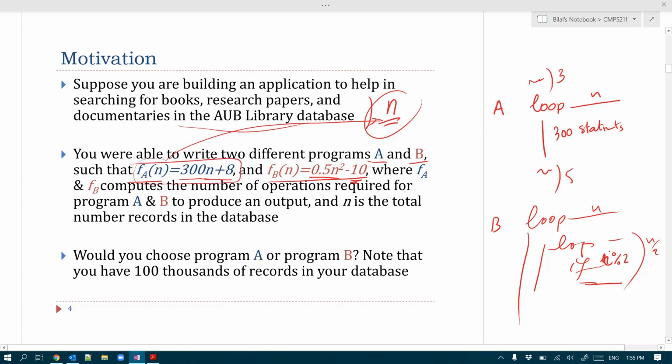Suppose your n is equal to 100. FA of 100, if you have 100 books or items in the library, would end up as something like 3 times 10 to the power 4.